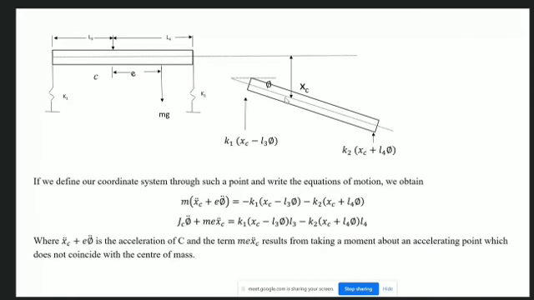Then if we consider another, most general situation, where we apply the force somewhere here, which is other than the centroid point. In that case, there will be D'Alembert force, say at point C, which is a general point and which is at a distance of e from the centroid.